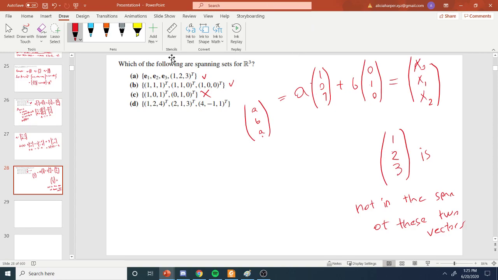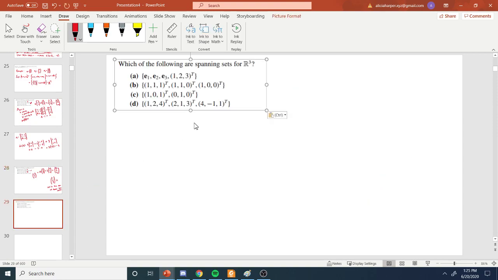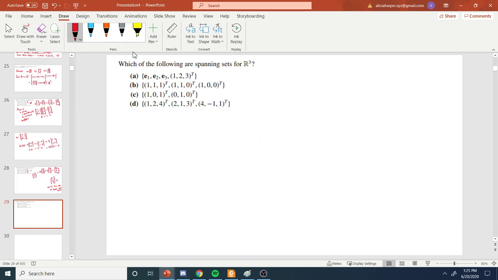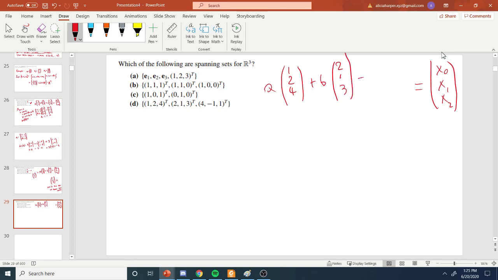So now we arrive at D, and this will be the last one we do. We want to understand if this is a spanning set for R3, which means for any choice of x0, x1, x2, we can write this as a combination of a times (1, 2, 4), plus b times (2, 1, 3), plus c times (4, -1, 1). As before, we can convert this into a matrix equation.